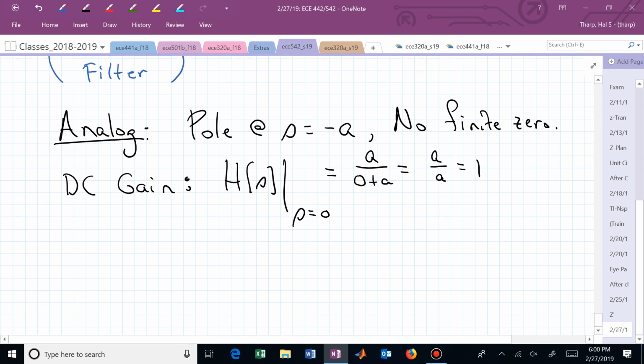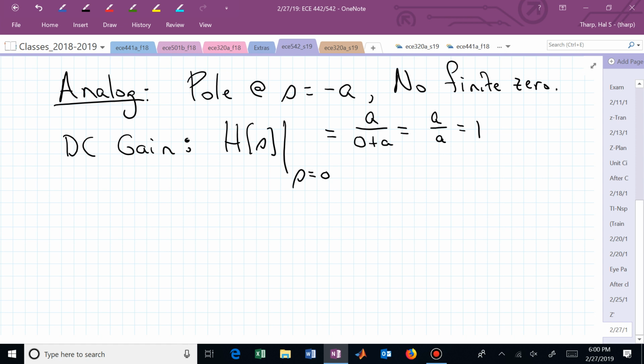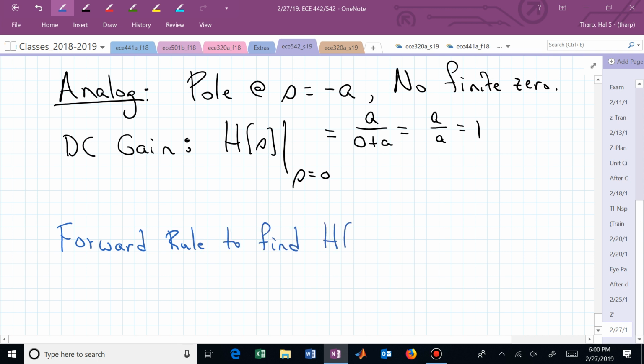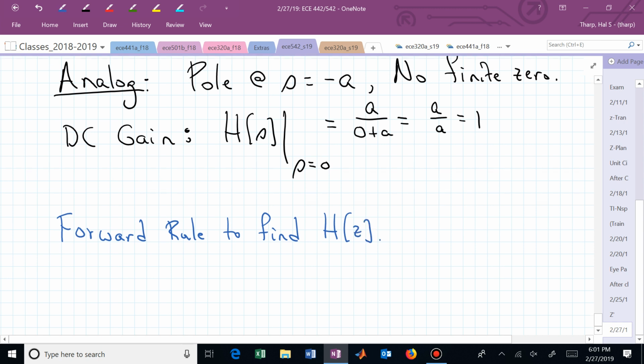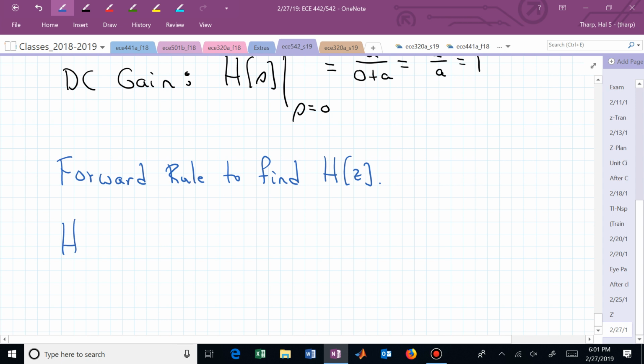Let's now use this forward rule that we just created to find H of z. Let me call that H sub f of z, since we'll have several of these numerical approximations to play with or to derive.